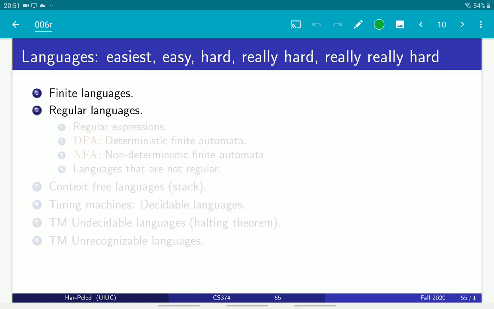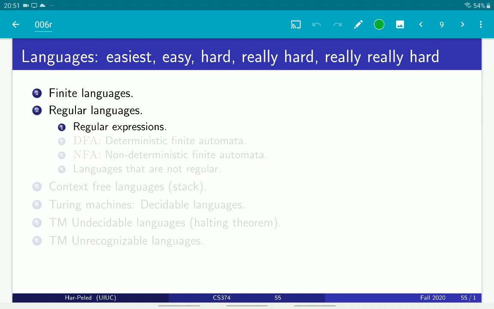Regular languages are quite interesting because they are very simple and yet very interesting. So in regular languages, there will be several equivalent ways to describe them. And somehow we need all those different ways to describe them to completely capture what can be done with those languages.